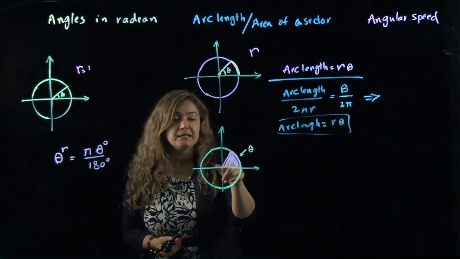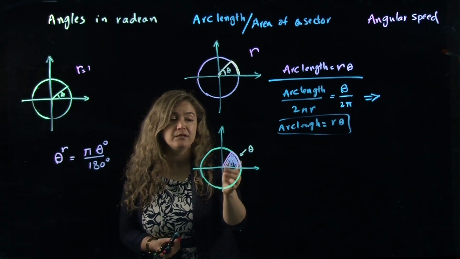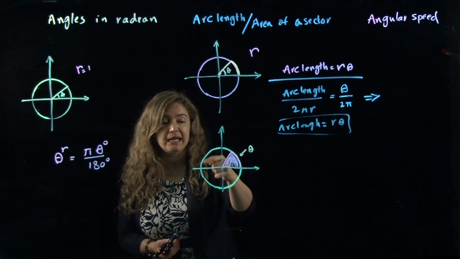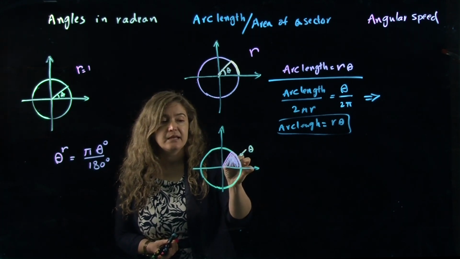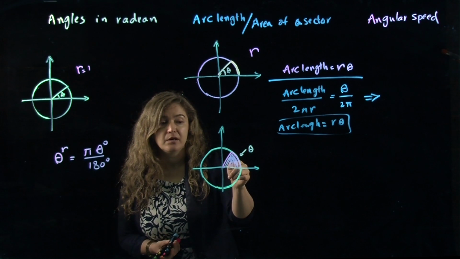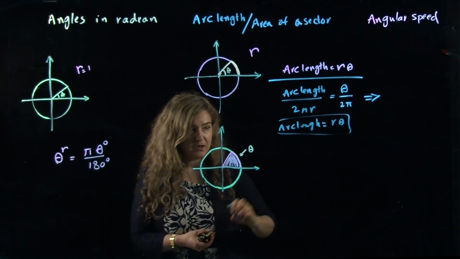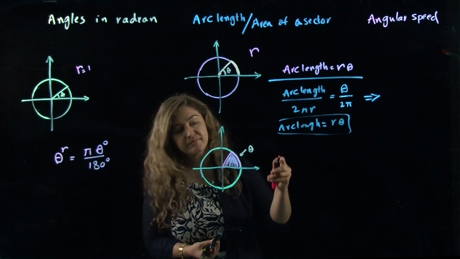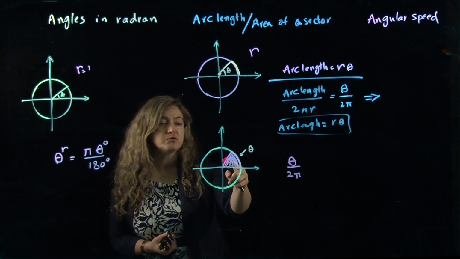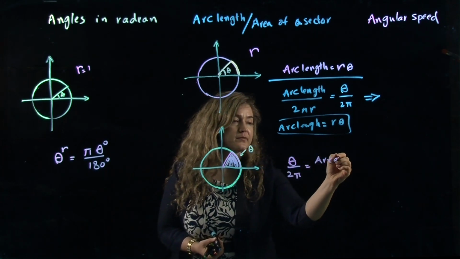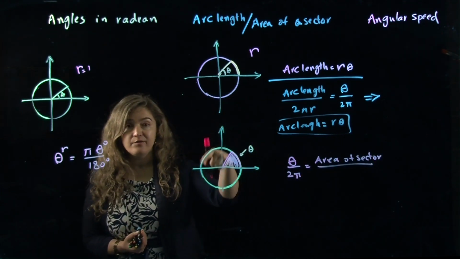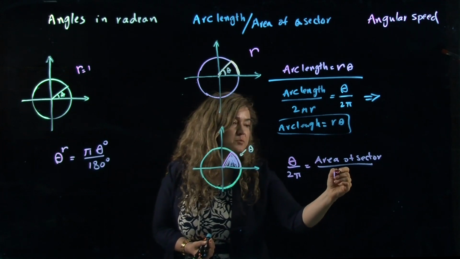The ratio of theta to the full rotation, which is 2 pi, should be equal to the area of the sector divided by the area of the entire circle, which is pi r squared.